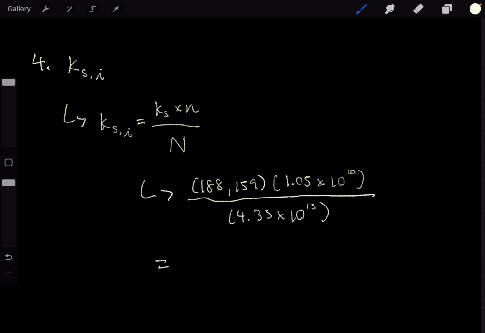The final answer that we get is 45.63 Newton meters.